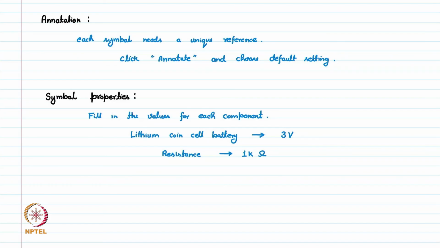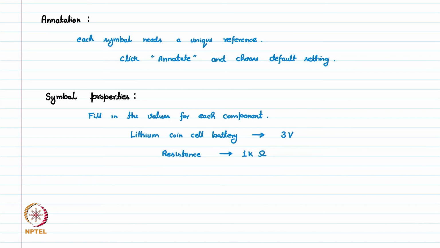So in the symbol properties we can edit the values whatever they have. If we have a battery we can specify the voltage, and for resistance and capacitance we can specify the resistance and capacitance values.